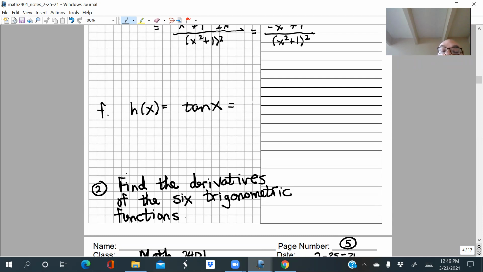Remember, tangent of x is the same as sine of x over cosine of x. When you rewrite the tangent like this, you can find the derivative of the tangent using the quotient rule, because here you have the tangent written as a quotient.